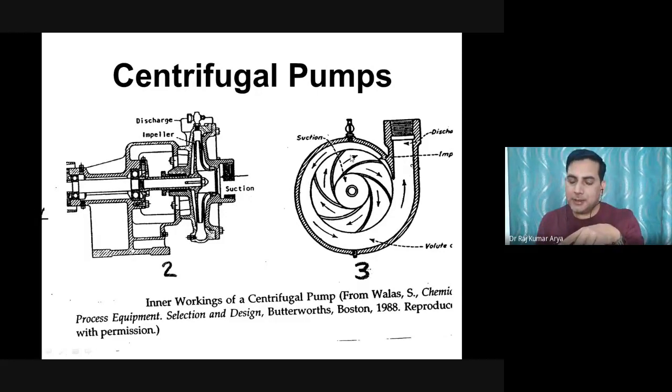Then the fluid that is inserted at the impeller eye is thrown out to the outside of the casing due to the centrifugal force, and then it moves this side, and finally this side is bigger, and the fluid lifts up on this side. Wherever the diameter becomes bigger, the velocity becomes lower and the pressure head becomes higher, as per the Bernoulli concept.